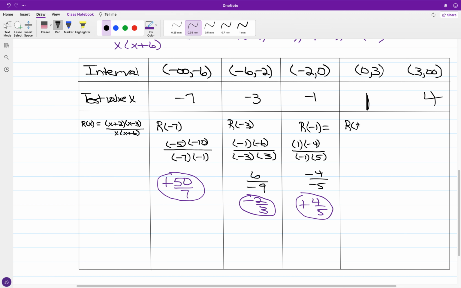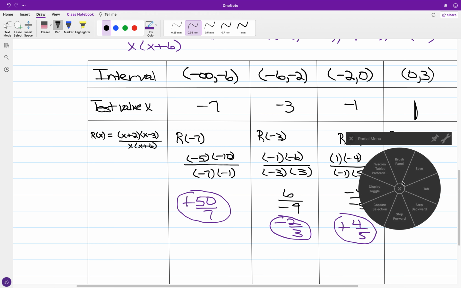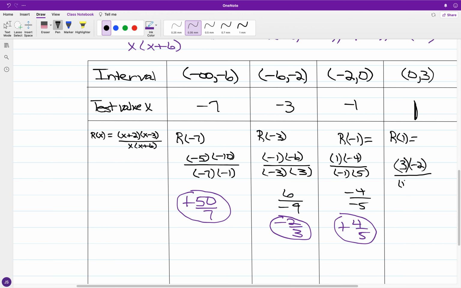For r of 1: 1 plus 2 is 3, 1 minus 3 is negative 2, you have 1, and 1 plus 6 is 7, so this output is negative 6/7.